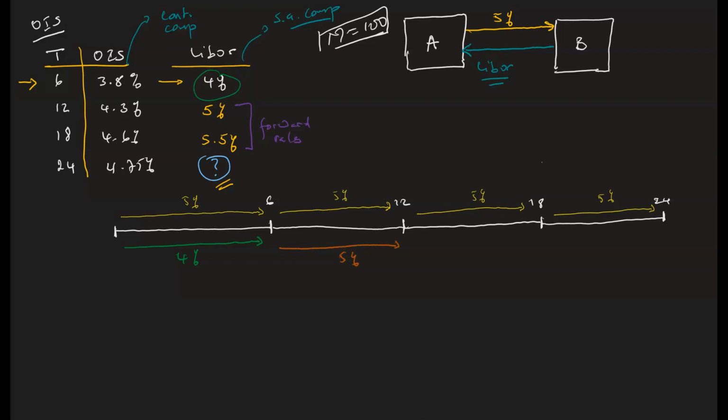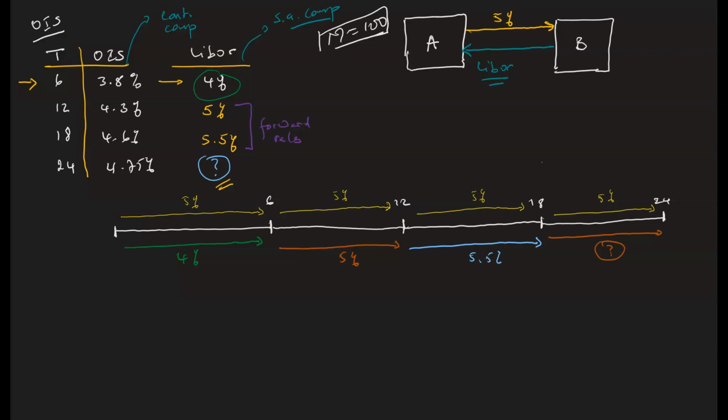And then 12 to 18 is 5.5%. And we are asked to find what this rate here is for this last period that we have. What is that LIBOR rate there?